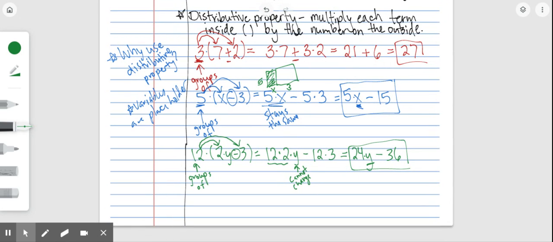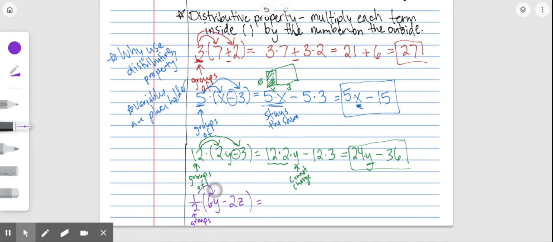Okay, let's try another. So this one's a little different because I have 2 variables this time, and my groups of is half. So again, I'm going to put in those multiplication signs that are hidden. So this is half times 6 times y and 2 times z. So again, this is groups of. Okay, so I know there are half groups of 6y.